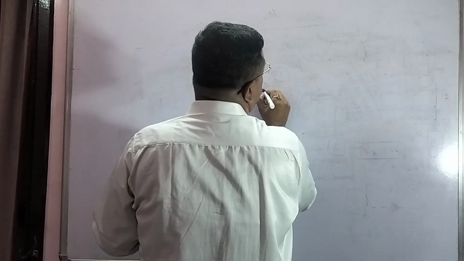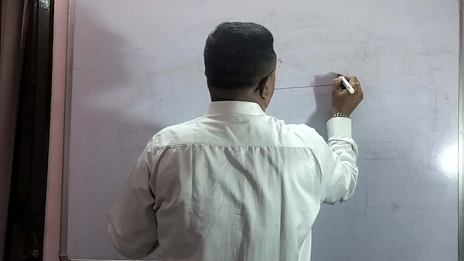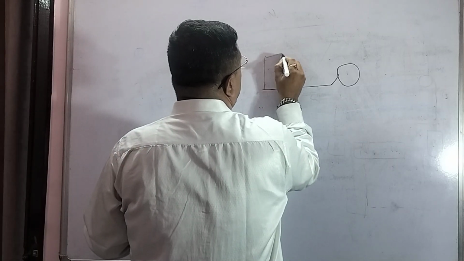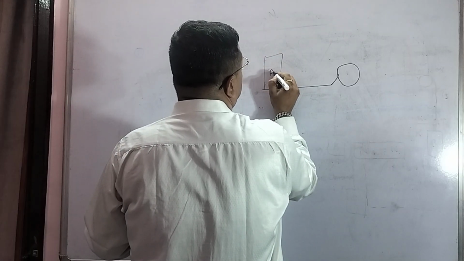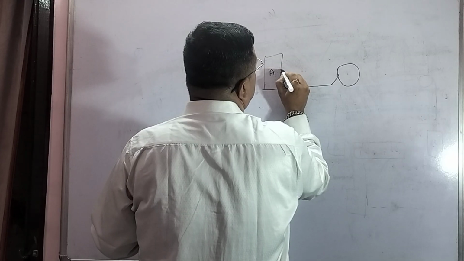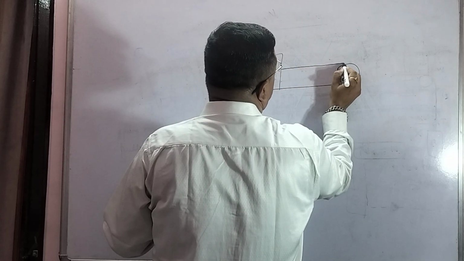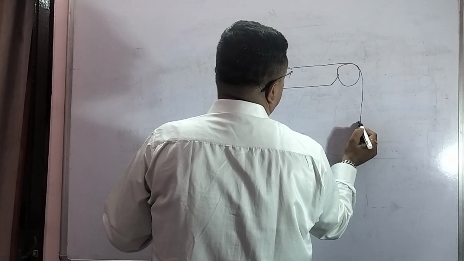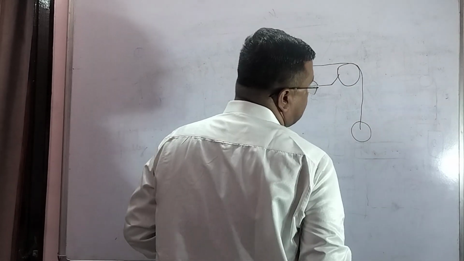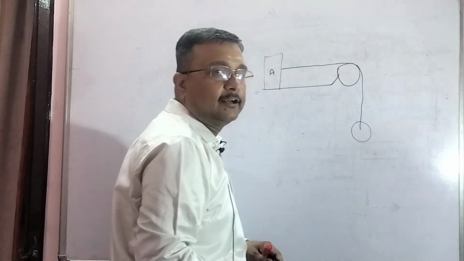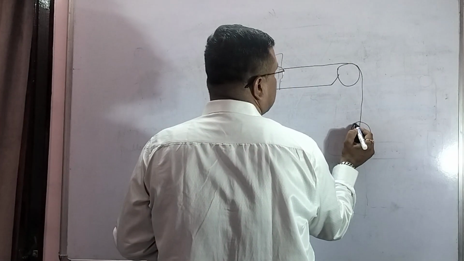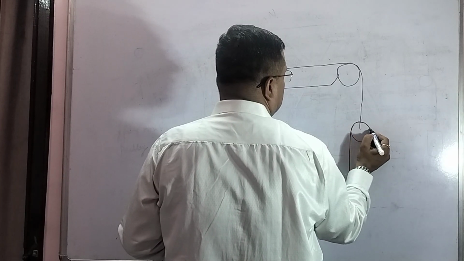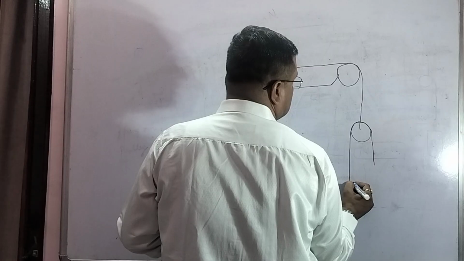Now suppose this is a surface. A pulley is attached to it. A mass A, block A is attached. This is connected with another pulley, where we have two masses.